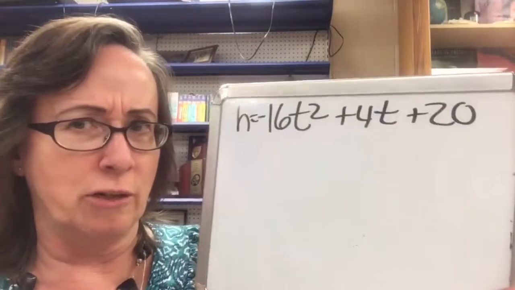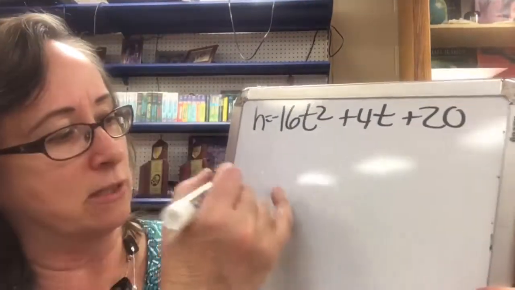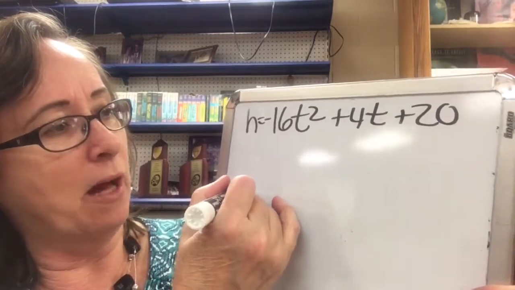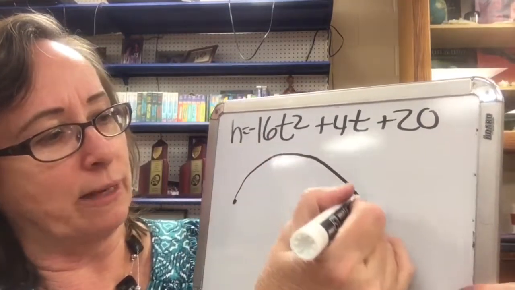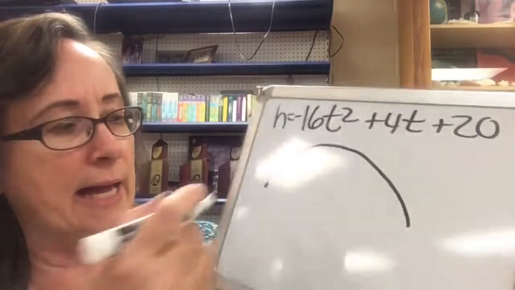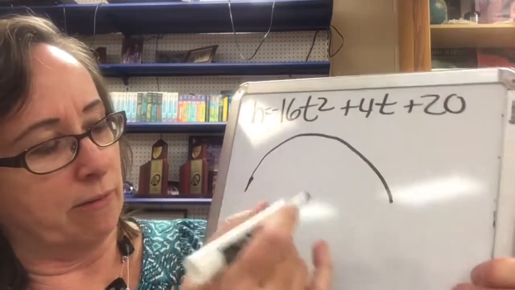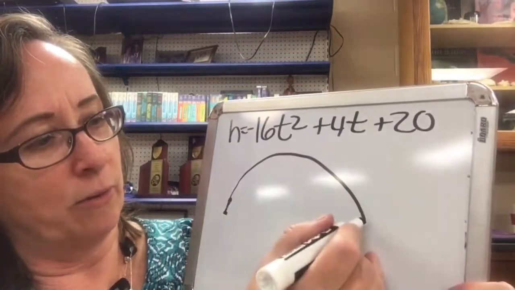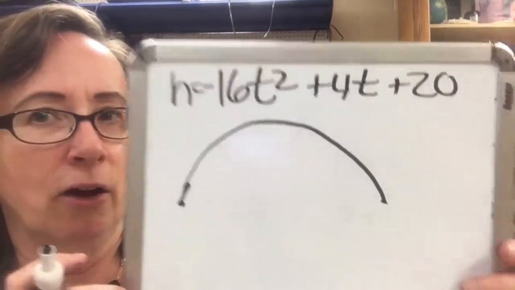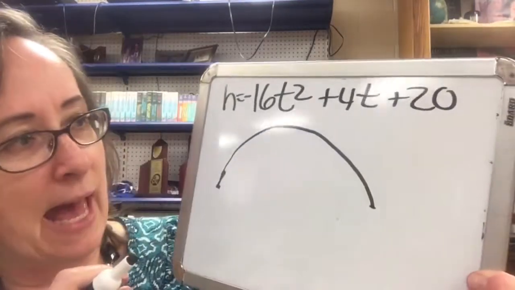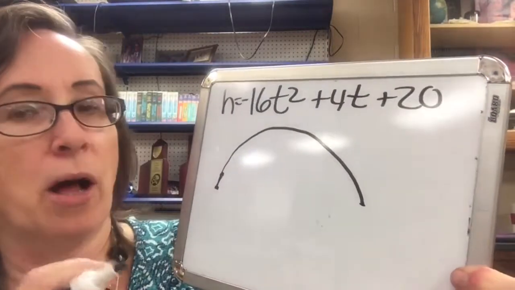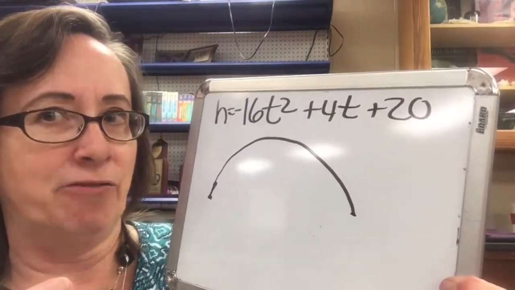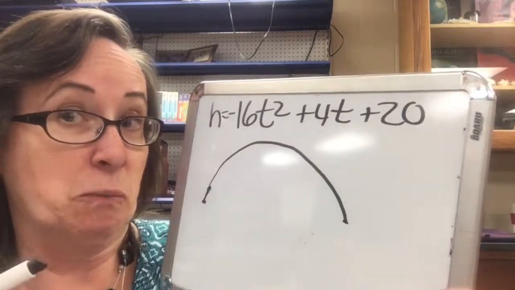Now let me just show you a little bit about these equations. All right, when the ball is released, it's going to go in an upside down parabola shape, okay? So here the ball is released, and it's going to go this way. Now, with that being said, will the ball possibly be 8 feet twice? We don't know.